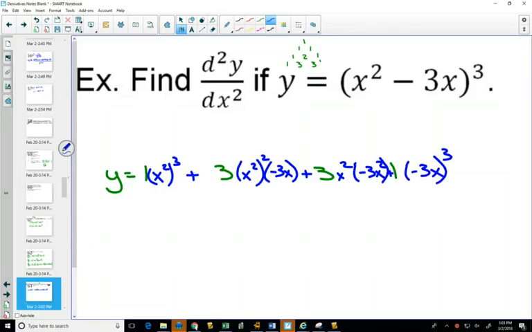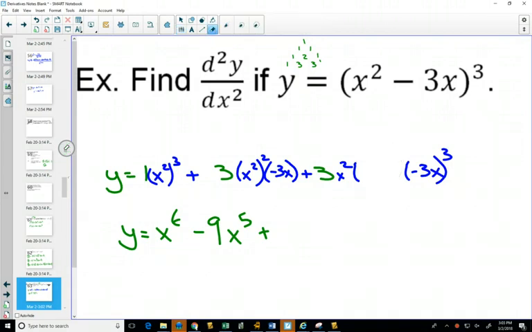And multiplying this out gives me y equals x to the 6th plus, or actually minus 9x to the 5 plus, did I put the squared in the wrong place there again?